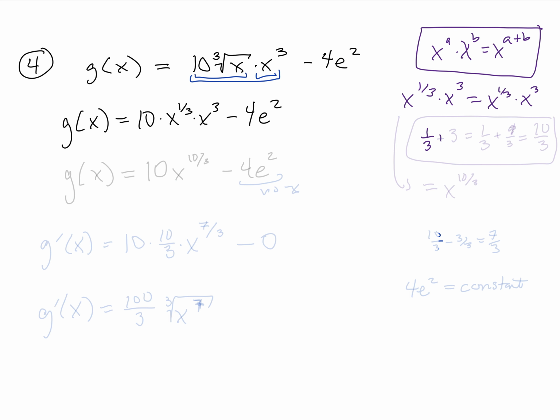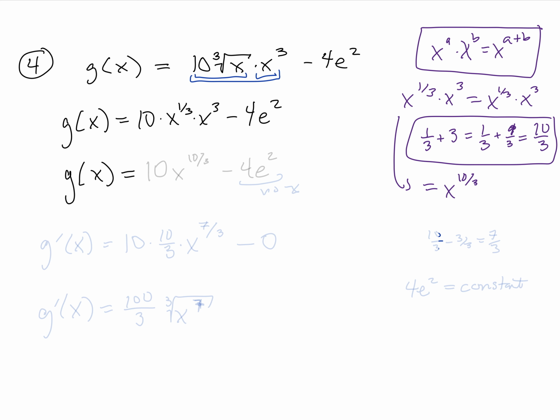So 1/3 plus 3 is the same as 1/3 plus 9/3, multiplying the top and the bottom by 3. That's 10/3. And so that tells us that x to the 1/3 times x to the 3rd is equal to x to the 10/3. Okay, so now we can again continue to simplify g of x.